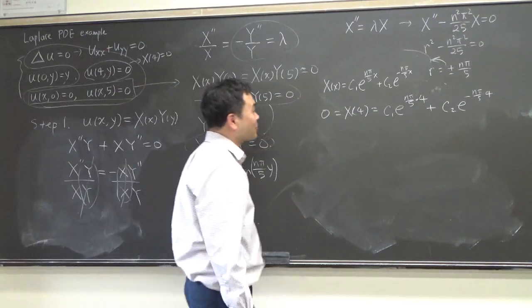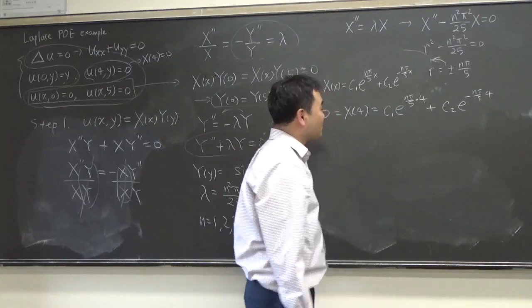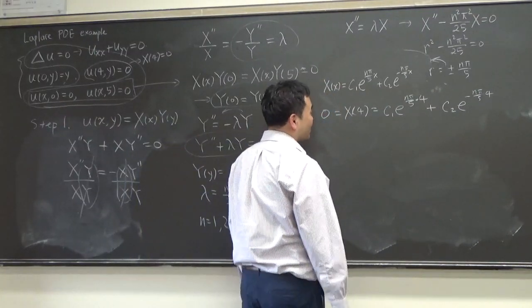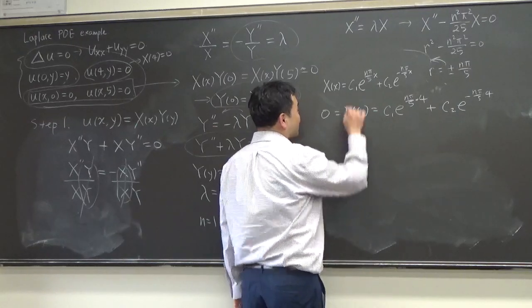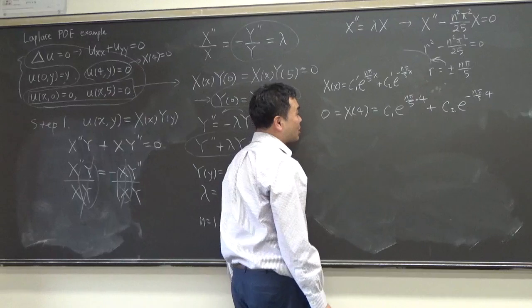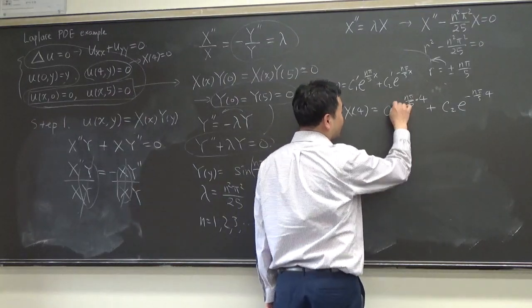So here's another thing that we could do. Just redefine. Let's just call the original C1 and C2 as C1 prime and C2 prime, right?